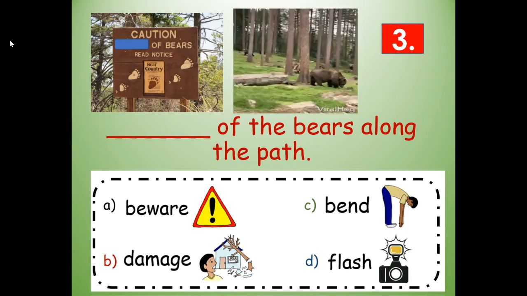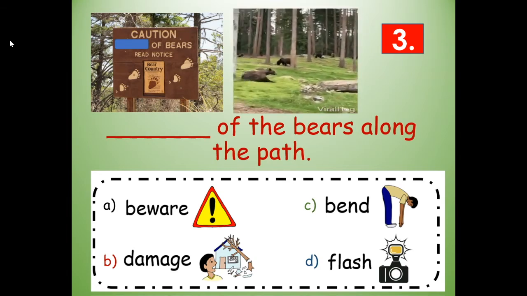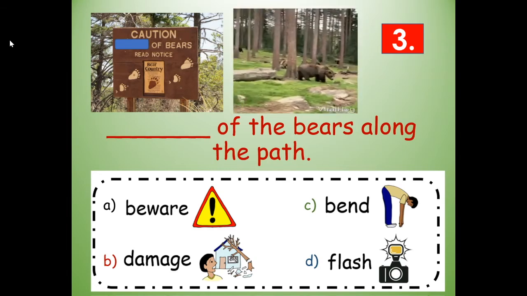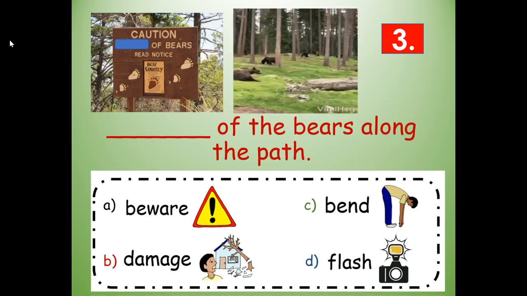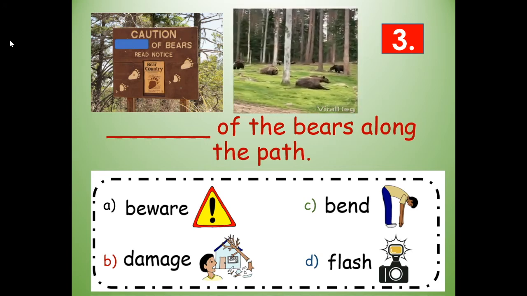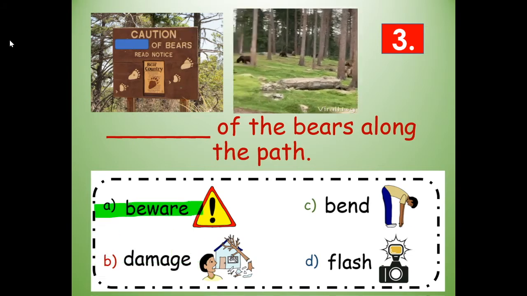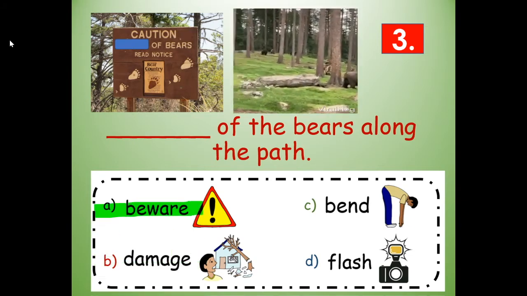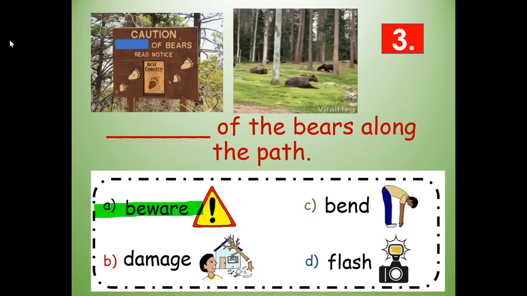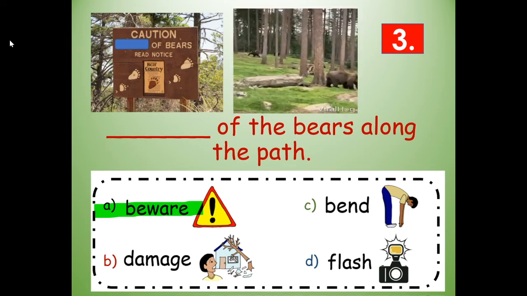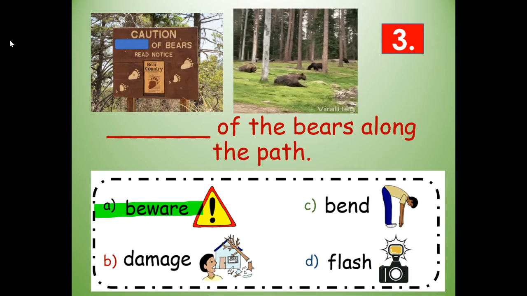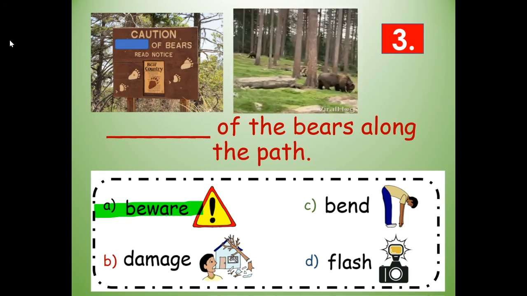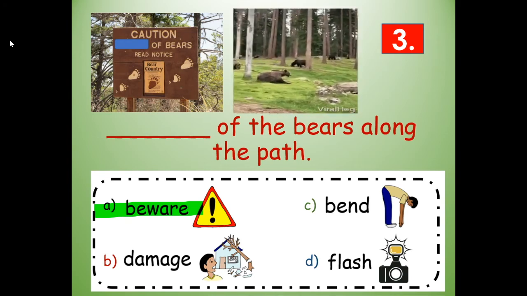Or flash of the bears along the path? What makes the most sense given the picture clues and where the word is in the sentence? Beware. So make sure you write a capital B because it's the first word in our sentence. Beware. Capital B, E-W-A-R-E. Beware. Beware of the bears along the path.